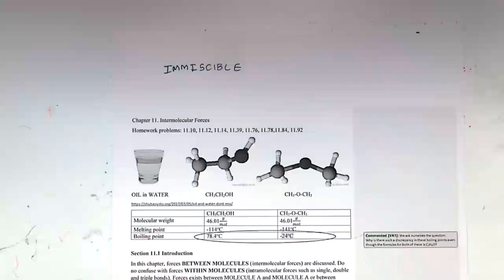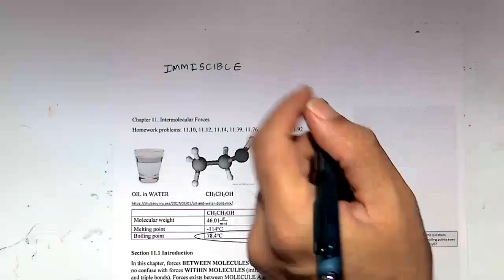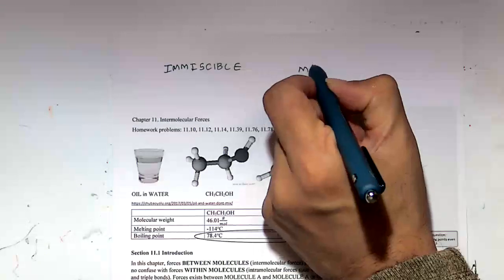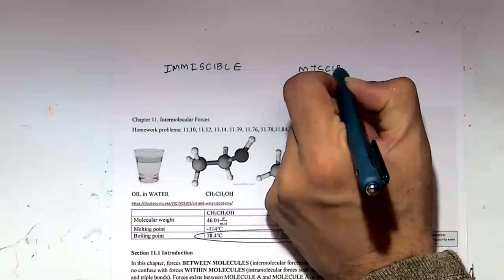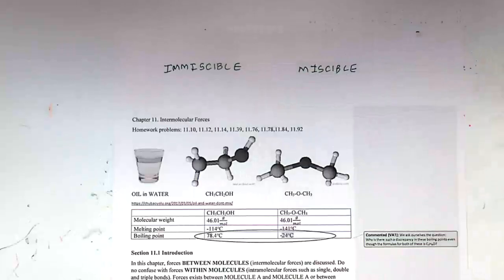Okay. We also did another example and another word that I'd like for you guys to know, and that is miscible. Okay, so immiscible means cannot mix. Okay. Example is oil and water.